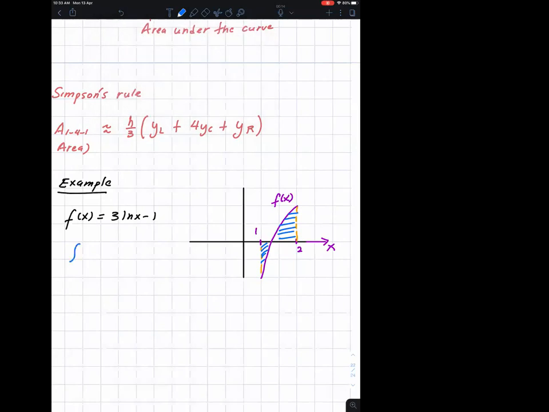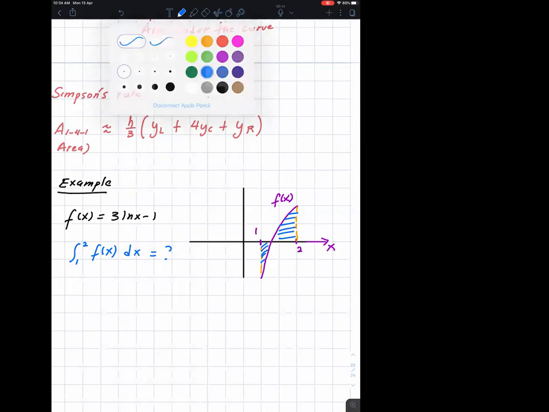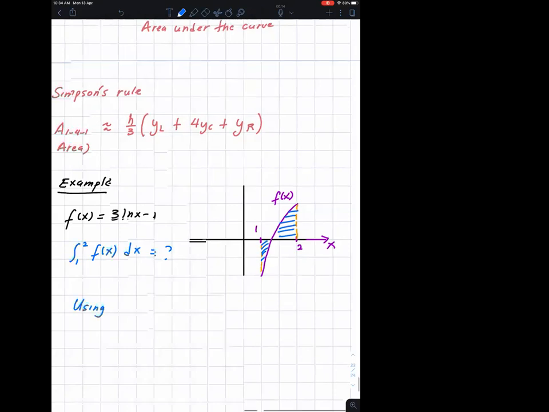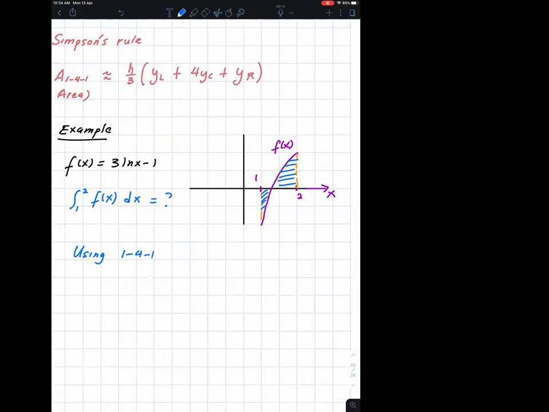Area under the curve, the integral from the lower limit to the upper limit of f(x) dx, is equal to what? Ordinarily, you know how to integrate this. Now we want to use the 1-4-1 approximation.